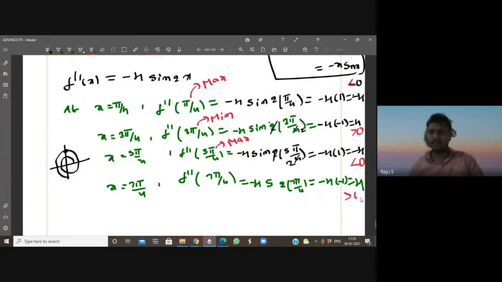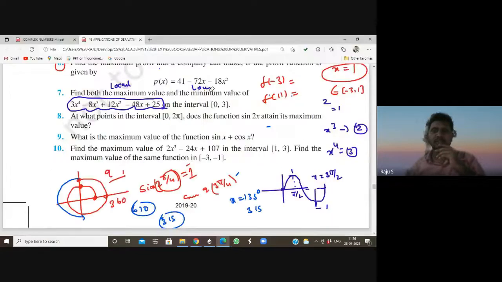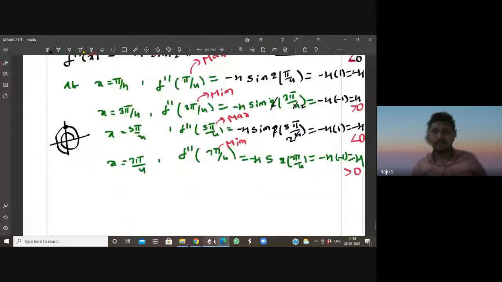Plus 4 is greater than 0, and greater than 0 means minimum value. So they are asking the question related to maximum value. Am I right? Yes, maximum value. So at what point does the function have its maximum?